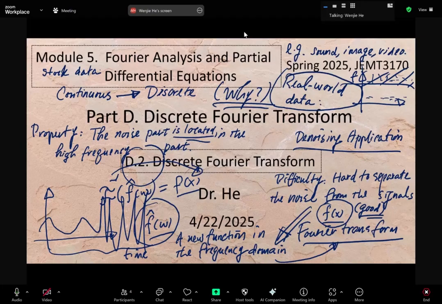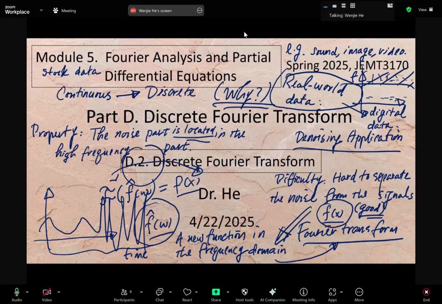So what do you get? The format of the data in the real world is typically digital, but not 100%. I do not want to say 100% because there are different cases. Most of them are digital data, digital signals.